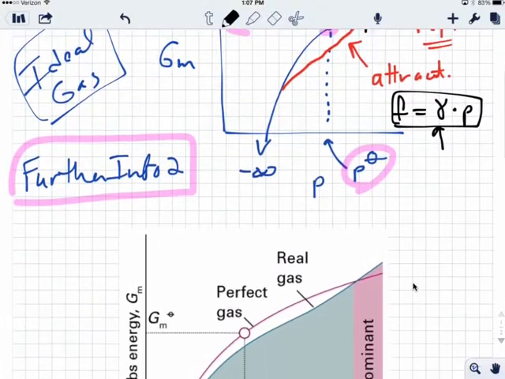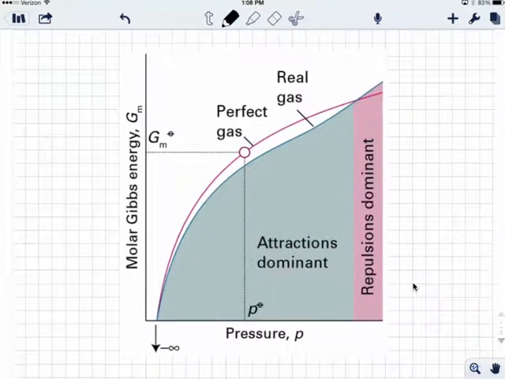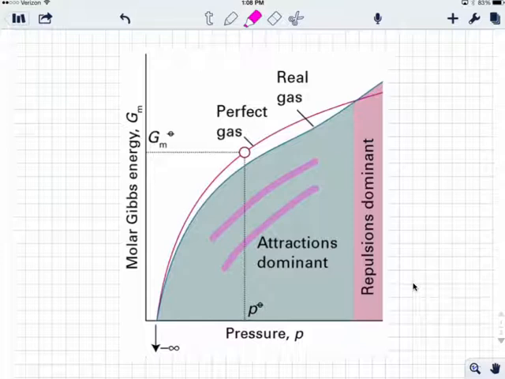So if we were to now look at a little bit better rendition of this plot, what you can see is that at low temperature in this region, the attractions are going to dominate, but as you get closer and closer to low pressure, it should again merge with an ideal gas. Once you go above this region, repulsion is going to dominate.